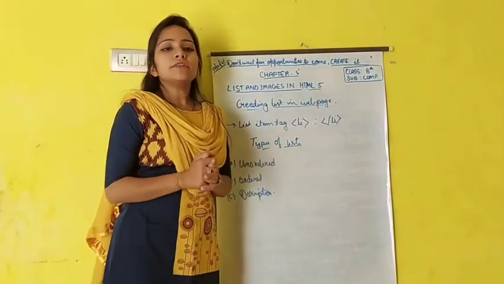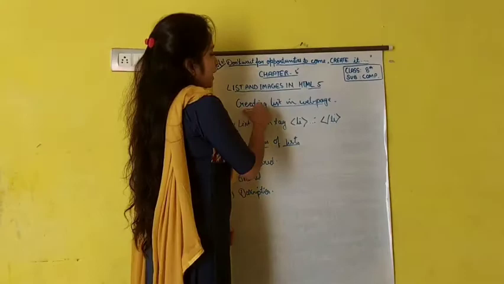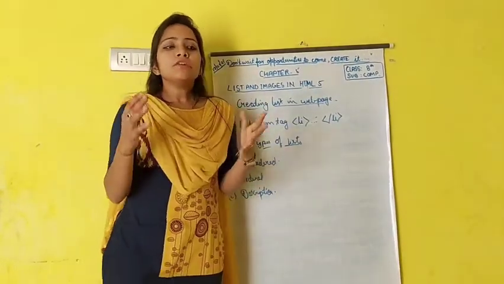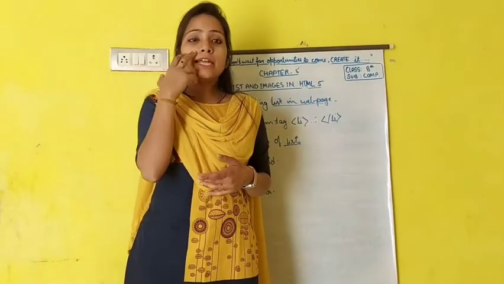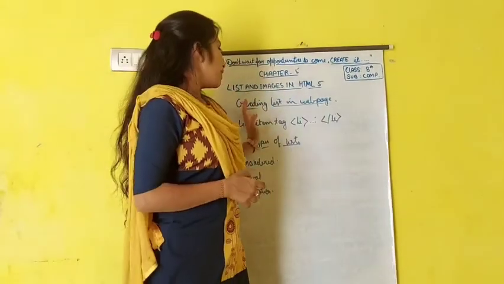So now you're clear with cascading style sheets. Now we will study creating lists in a web page. Sometimes we need to create a list for shopping or for the grocery items we purchase or something like that. So for that we prepare a list.